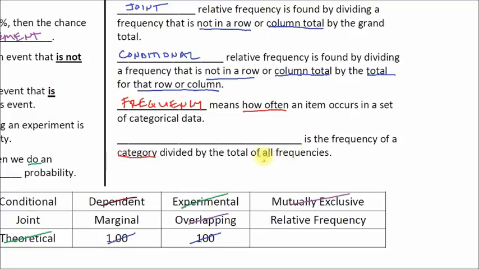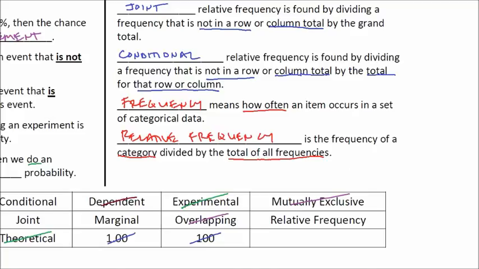So one category divided by the total of all frequencies, and we've learned this is relative frequency. So you get a frequency table, and then if I ask you what the relative frequencies are, you just take every square or every category, every spot in that table, and you divide it by the total, and you get a decimal answer or a percent answer, and that's your relative frequency.